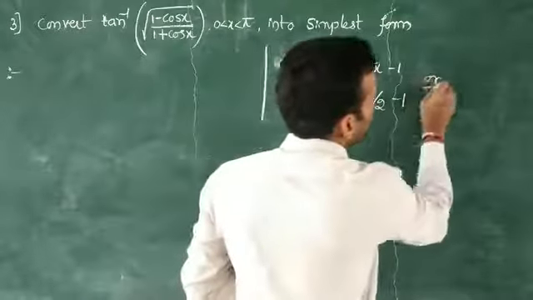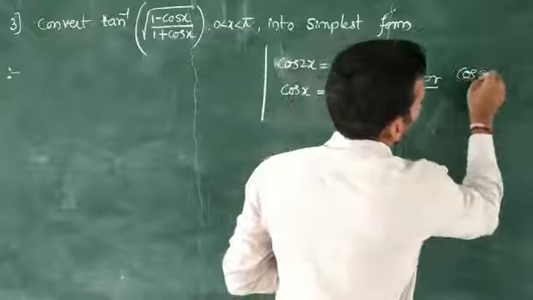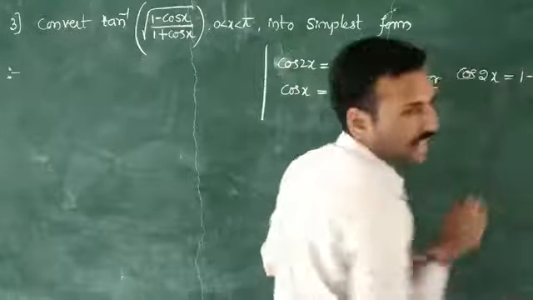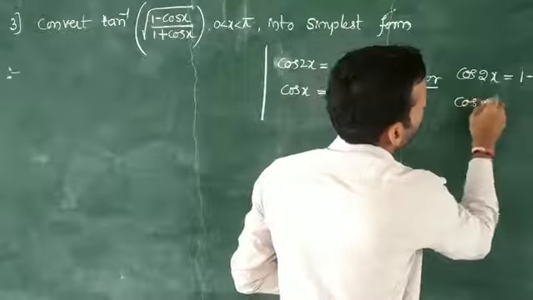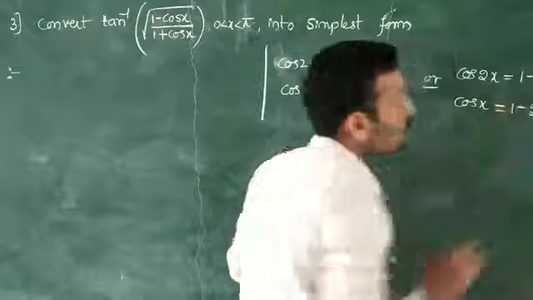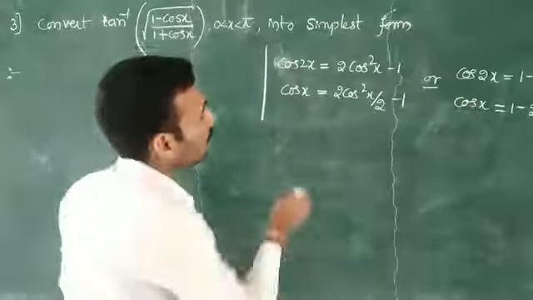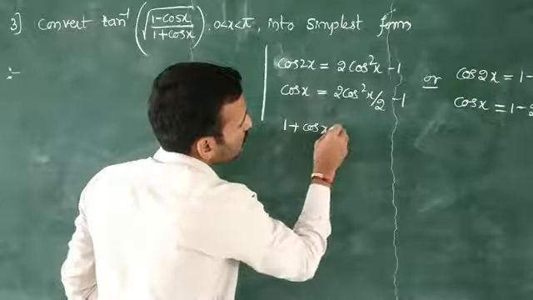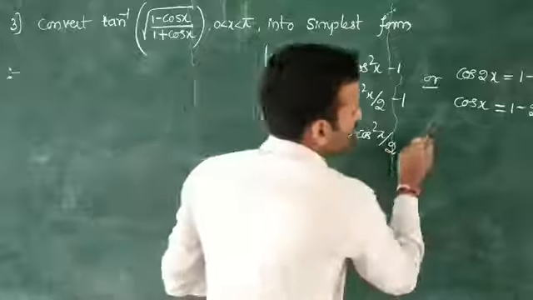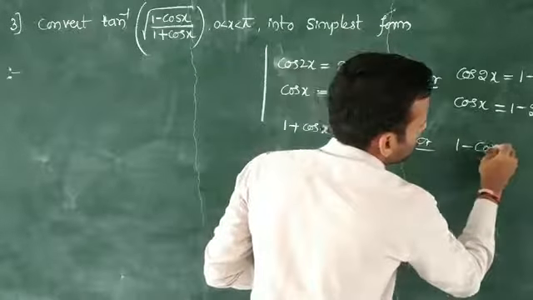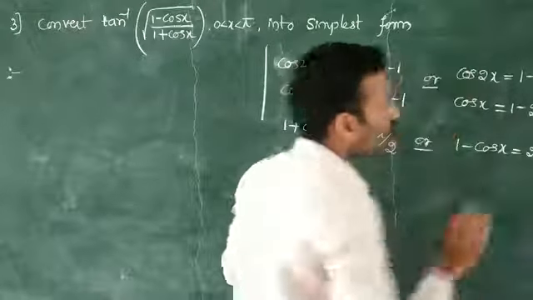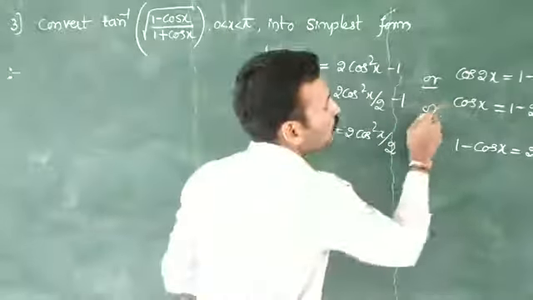Or another formula, cos 2x is equal to 1 minus 2 sin square x, so cos x is equal to 1 minus 2 sin square x by 2. So 1 plus cos x equals 2 cos square x by 2, and 1 minus cos x is equal to 2 sin square x by 2.